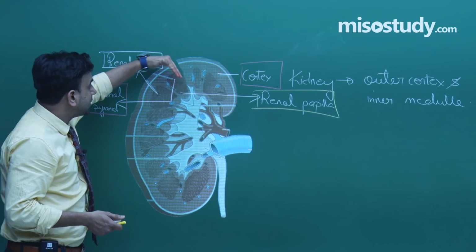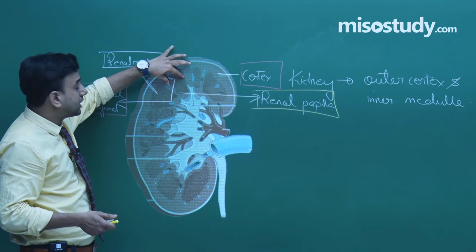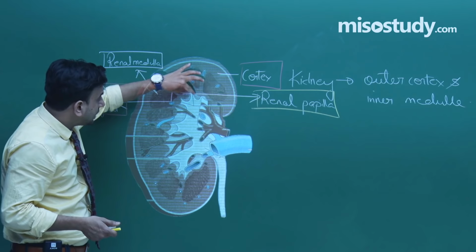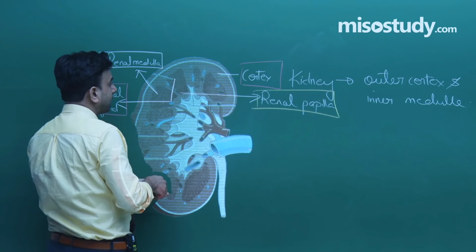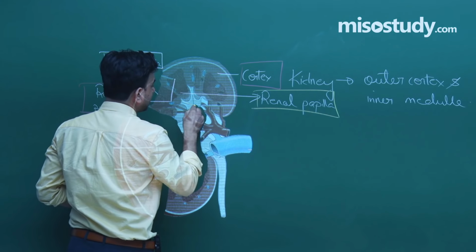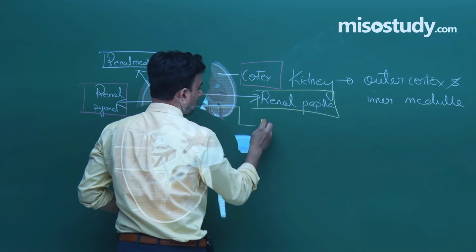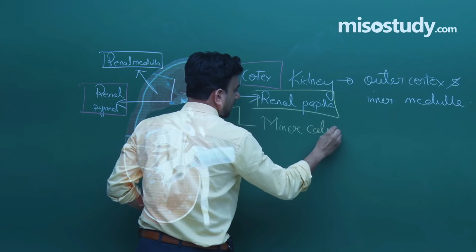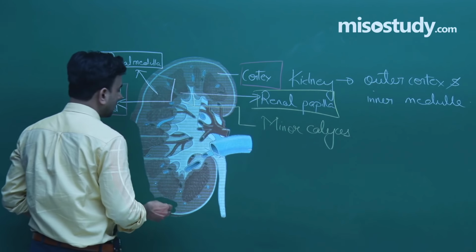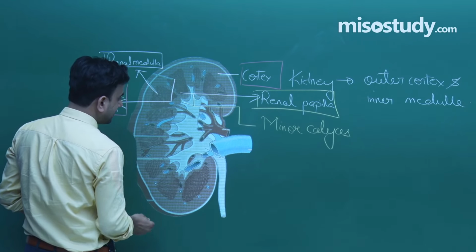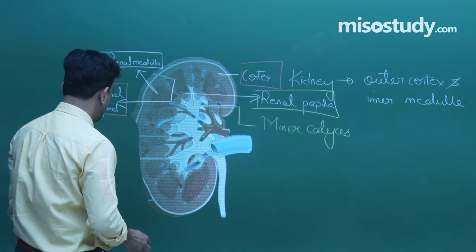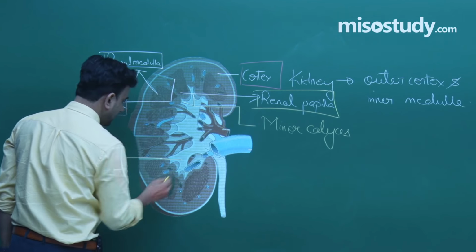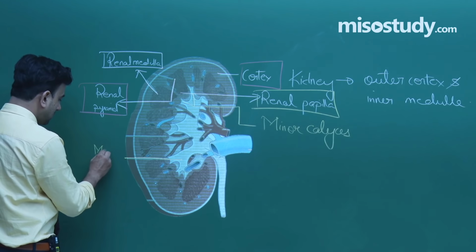That is why we see the renal pyramids, then the papilla, then these are the minor calyces. And this region is the major calyx.